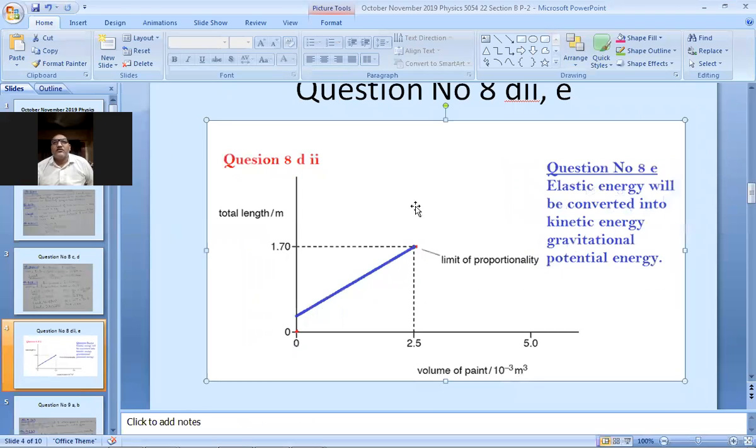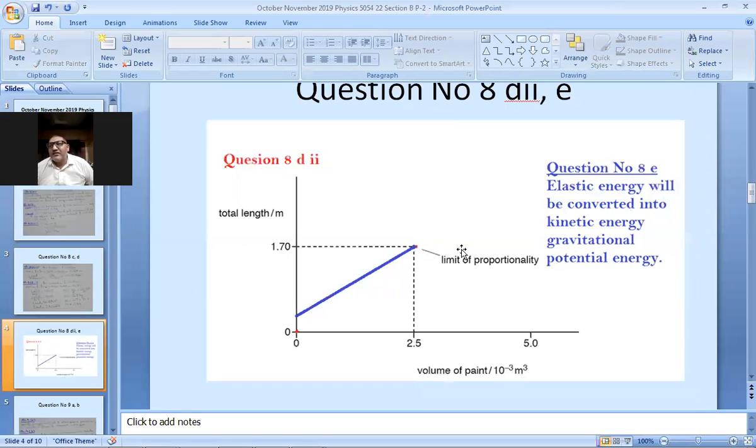Okay, so this is the correct graph. A very famous mistake. If this is an extension-load graph, this line will go through the origin. But this is length, so it cannot.